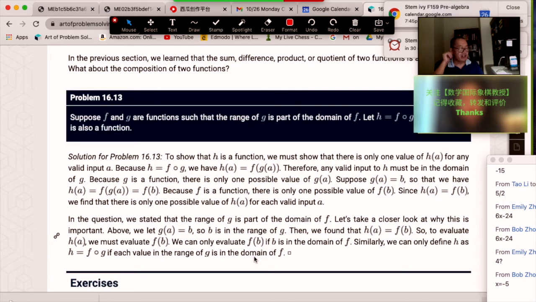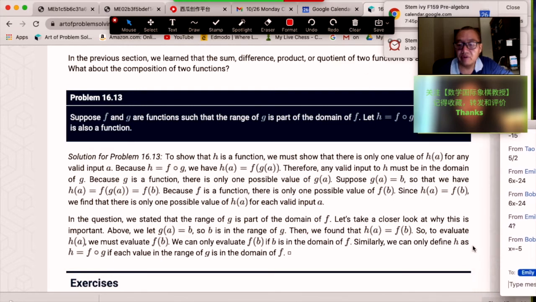If this is true, that means h is a function. This is guaranteed because f and g are both functions. That's the reason h will also be a function. Now let's go to the next one.